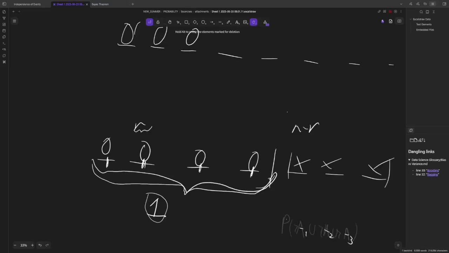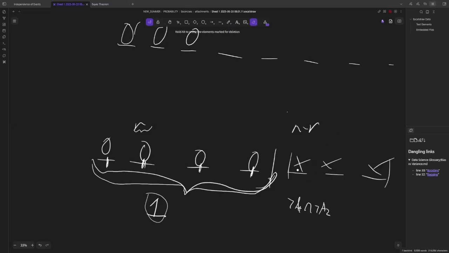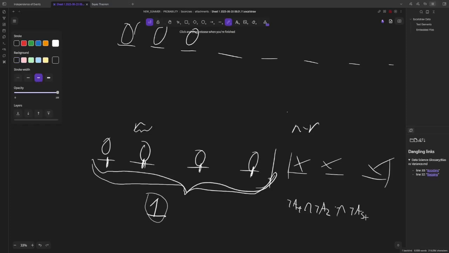So you want, let's suppose, n minus r, n minus r plus 1, n minus r plus 2. Let's consider this not A sub 1, not A sub 2, and not A sub 3 for this specific case.